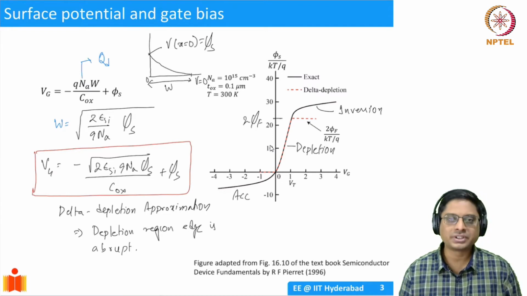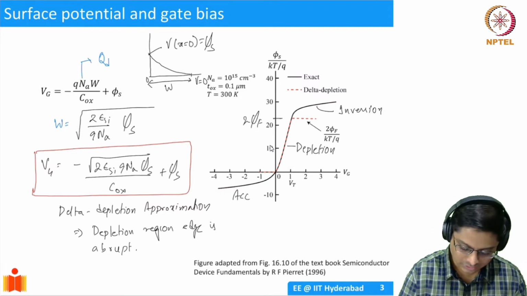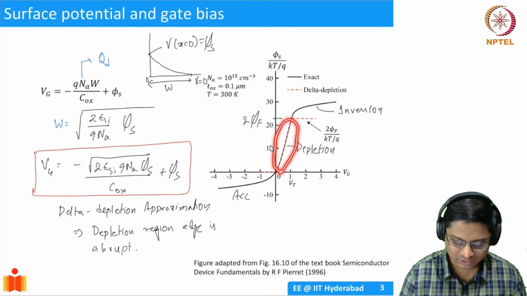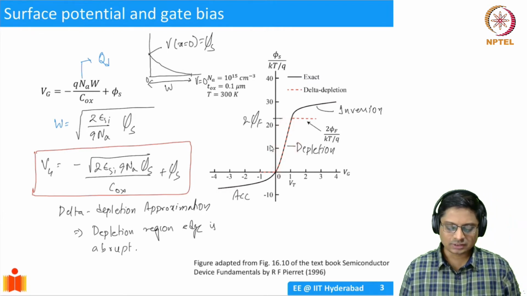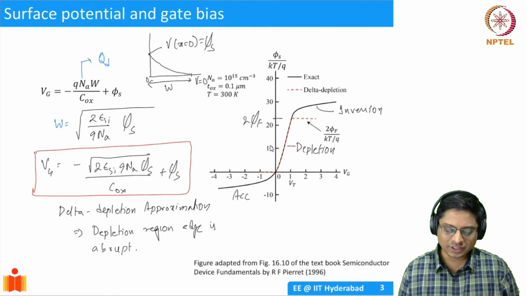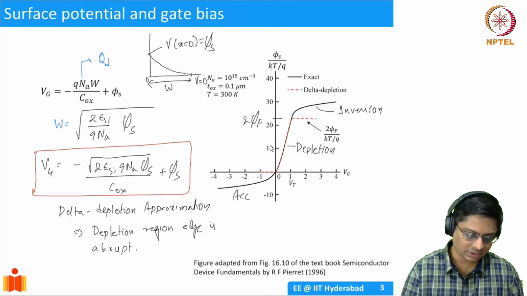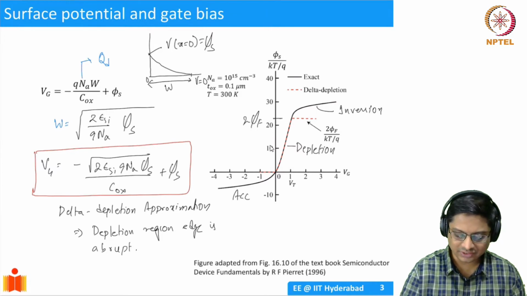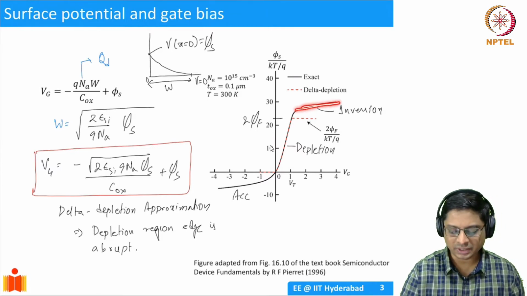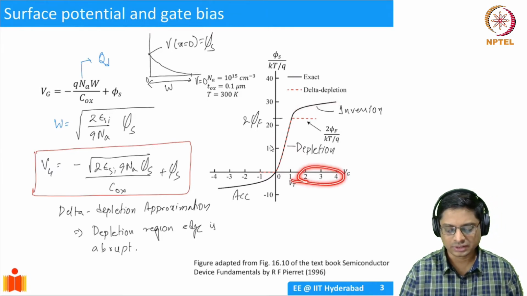We see that whatever approximation we make, this abrupt charge approximation works perfectly well in the depletion part. So in this part of the curve, it's perfectly correct. But if you go into the inversion or accumulation region, you see that the actual solution is telling us that the surface potential is not really dependent much on the gate voltage.